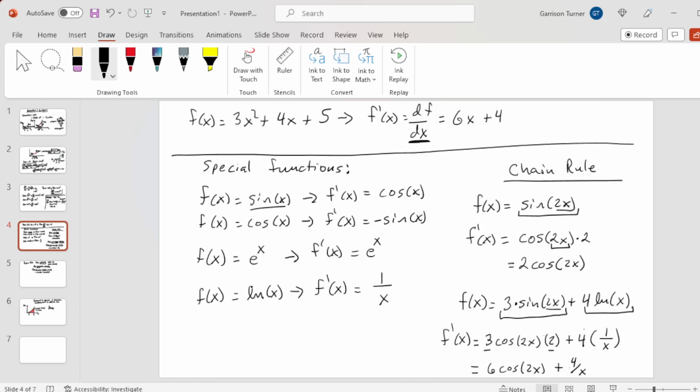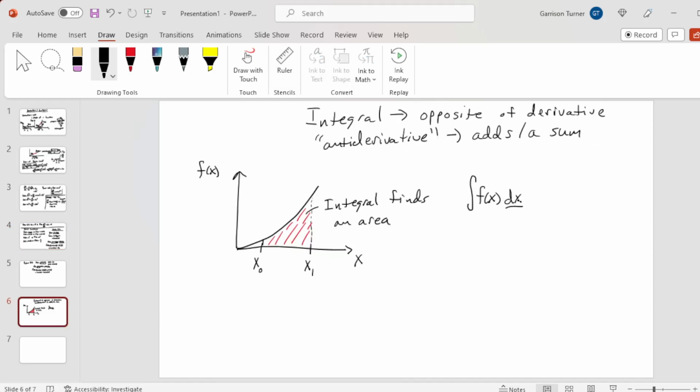And so when you're integrating, you're saying, I'm going to multiply my function at some point by some width dx, and length times width represents an area.